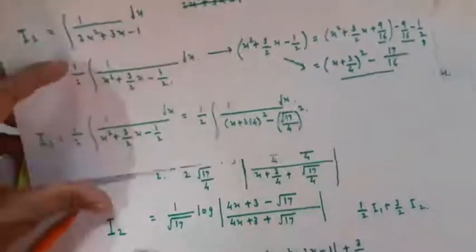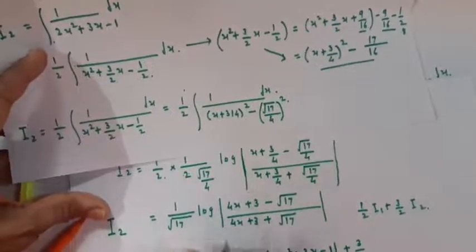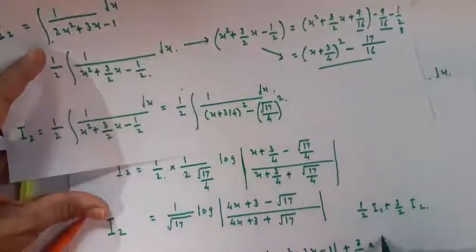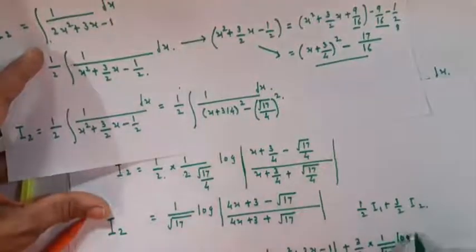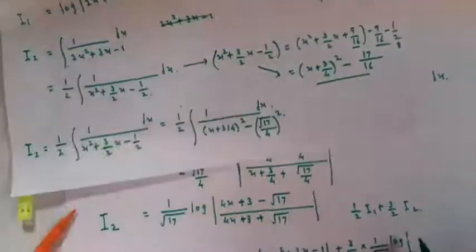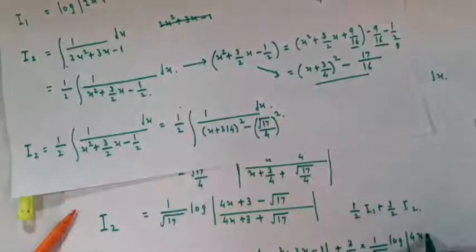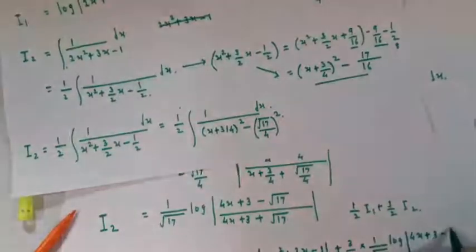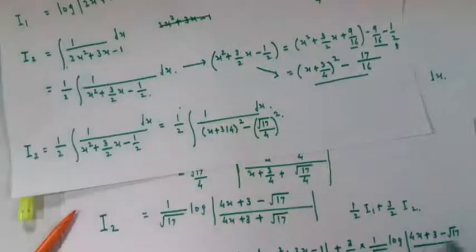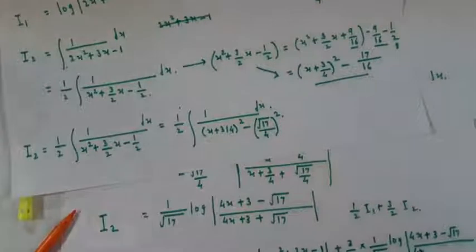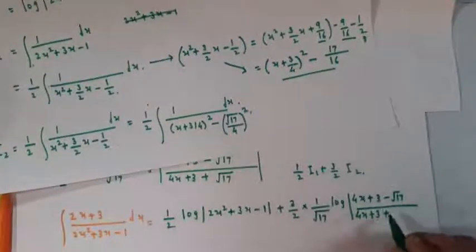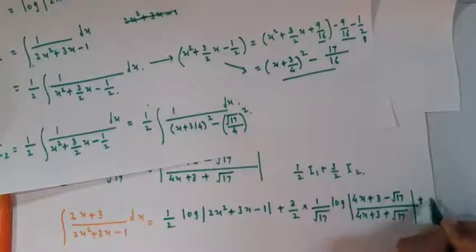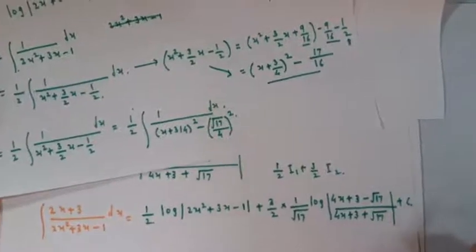What is I2? I2 is 1 upon root 17 log of 4x plus 3 minus root 17 upon 4x plus 3 plus root 17, and plus constant of integration c.